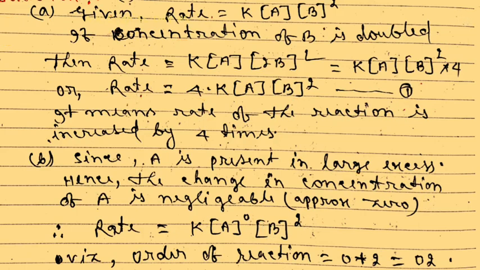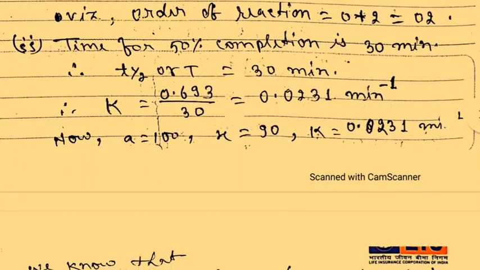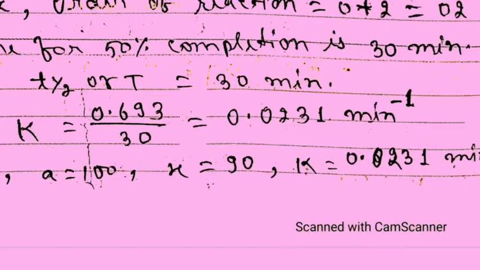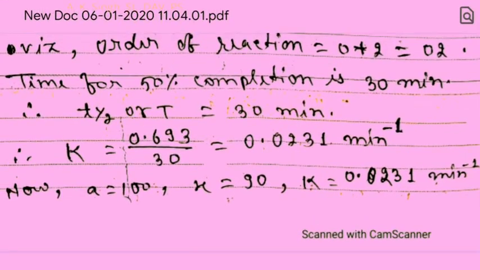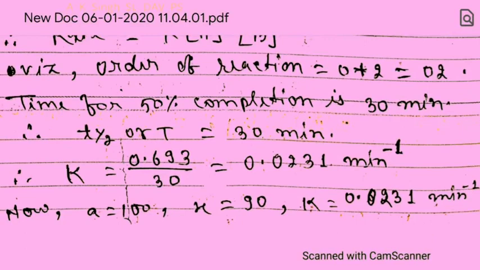Now, what will be the order of reaction? Order of reaction is equal to the sum of the powers in the rate expression. So order of reaction will be equal to 0 plus 2, which is 2.